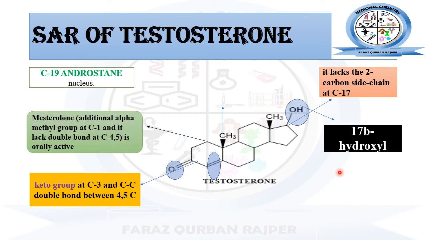The different types of synthetic derivatives are formed from the testosterone to make a more effective oral formulation, like mesterolone, which is one of the synthetic derivatives synthesized by the additional methyl group at this carbon number 1 position. So if testosterone has the additional methyl group at this position, this derivative will be termed mesterolone, and it also lacks the double bond at carbon number 4 and 5. So the mesterolone does not have the carbon-carbon double bond between the 4 and 5 position.